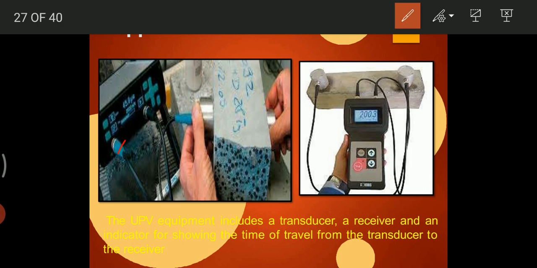You see that this is one transducer and this is another; one is used as the transducer and another one is used as the receiver. The time is directly calculated with this digital meter, showing how much time it takes to transmit the ultrasonic wave from one place to another.